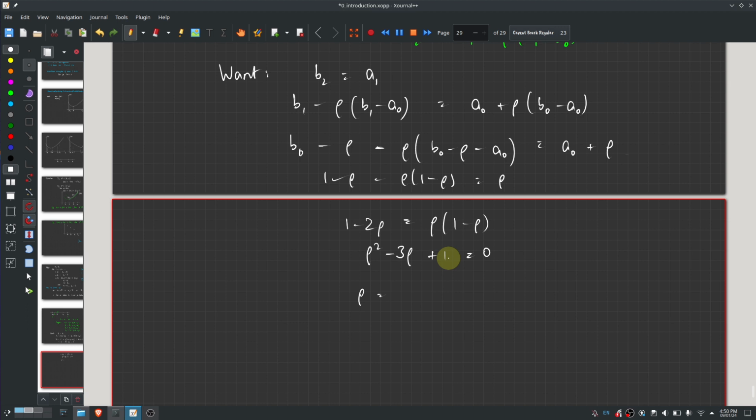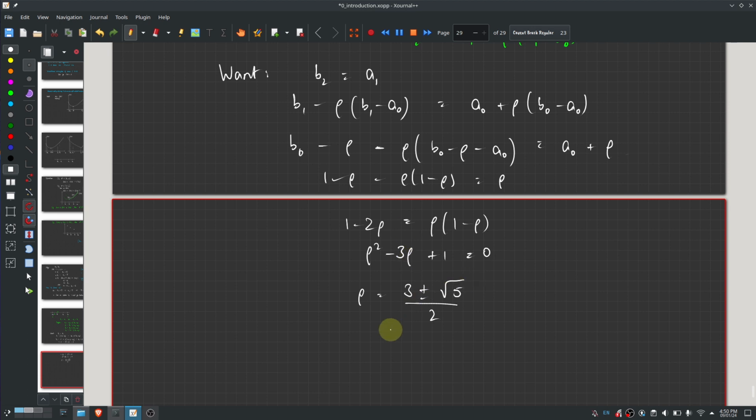So 3 plus or minus root 5, by 2. Which of these solutions should I choose? 3 minus root 5 by 2. Correct, so it's between 0 and 1.